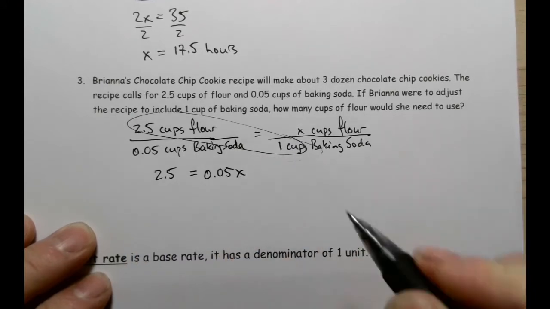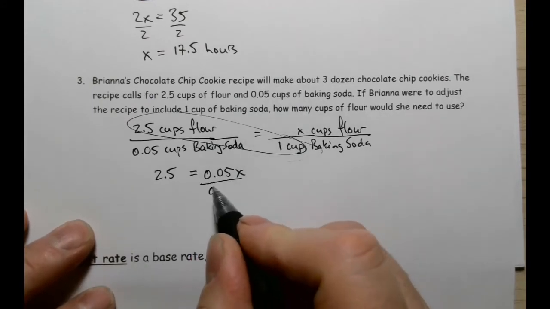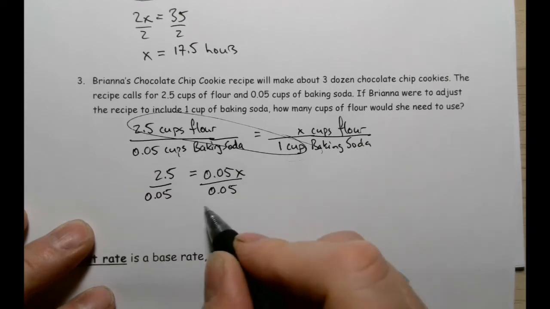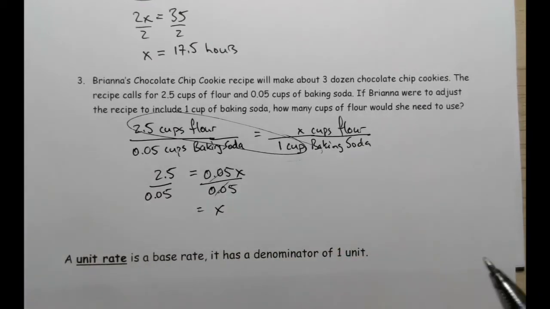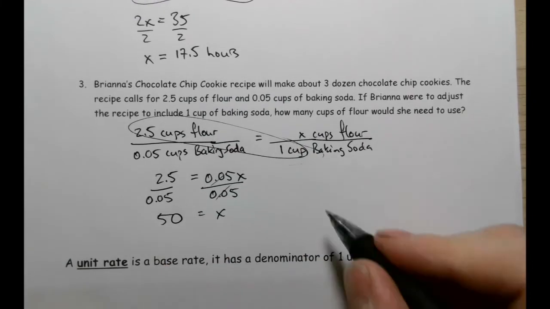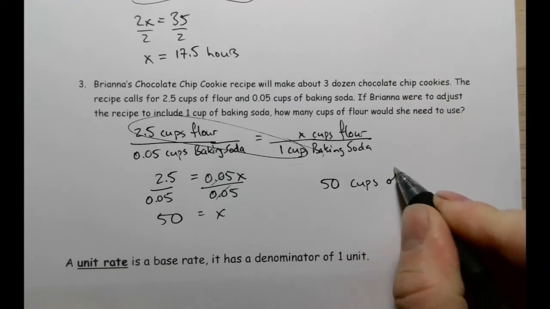Yeah, this is going to be entertainingly large. 2.5 divided by 0.05 here. Yep, 50. Okay, so she is going to need 50 cups of flour. Which, I mean, if that is really what's going on here, clearly we're making cookies for an army here. So anyway.